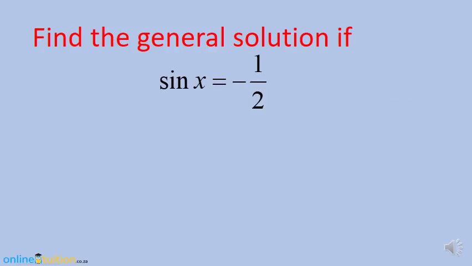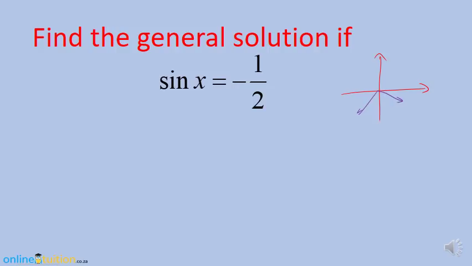What is this? Oh, find the general solution if sine x equal to minus a half. Okay. Now the minus sign makes all the difference. So the first question I'm going to ask is, where is sine negative? We know from experience and from what we learned earlier on that sine is negative obviously in the third quadrant, sitting down there, and the fourth quadrant.